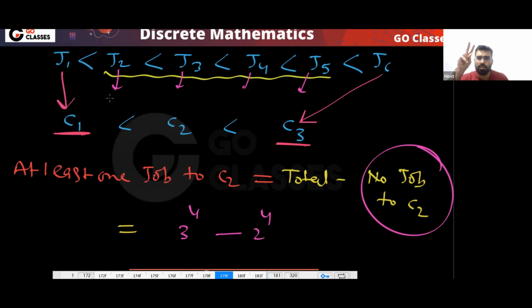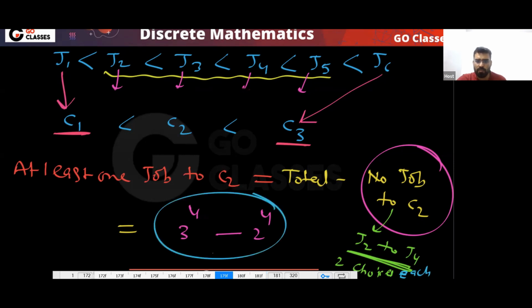J2 to J5 have 2 choices each. So the answer will be 3 power 4 minus 2 power 4. Very simple.